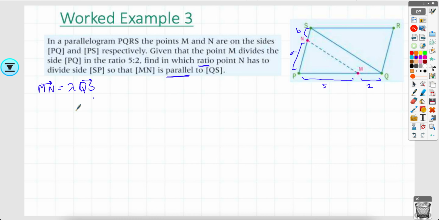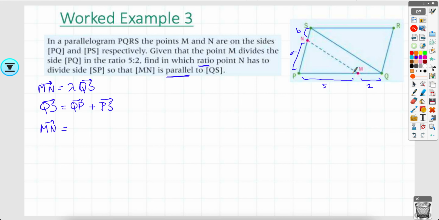Okay, so that's based on the definition of them being parallel. So we want to get to that. Well, what is QS first? Let's deal with that. QS is basically QP plus PS. Okay, we know that as a fact. Well, what is MN in this case?